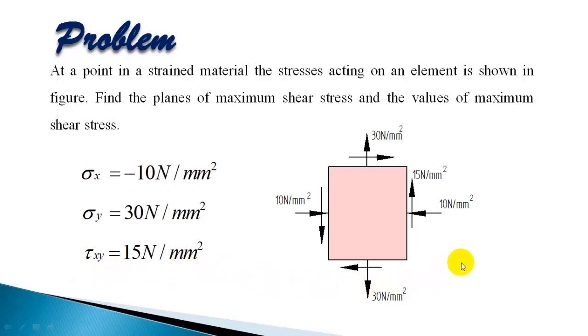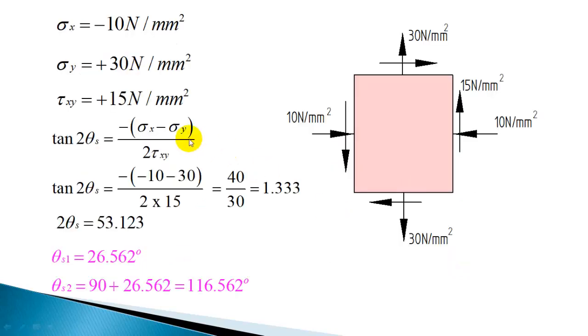So you have to find out the planes of maximum shear stress. By knowing these values, you can find out tan 2 theta s. Tan 2 theta s is given by minus (sigma x minus sigma y) by 2 tau xy. Sigma x is minus 10 and sigma y is 30.